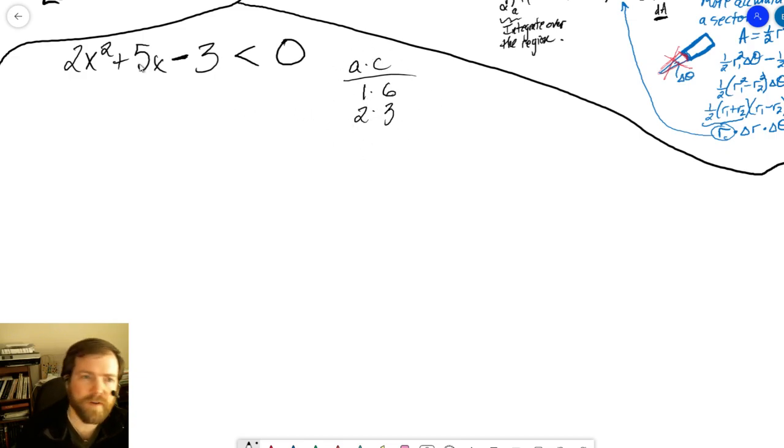Why does this work? Well, we're trying to factor this thing into something that looks like ax plus b times cx plus d.